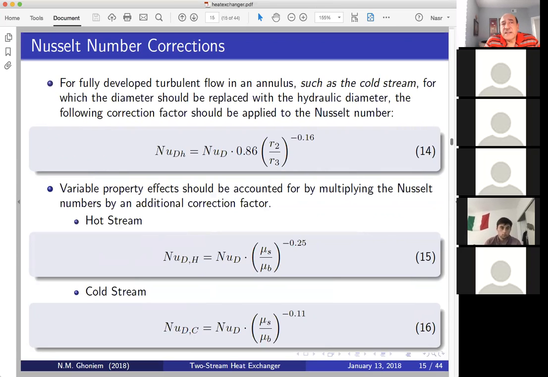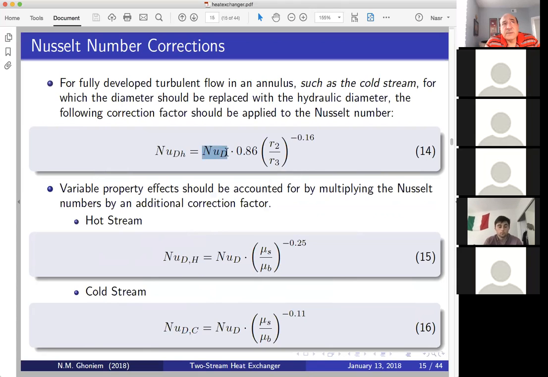So we have to correct, especially for the cold stream, for the annular effect. And also we have to correct for the variable viscosity effect because we have temperature gradients. So we have two correction factors.